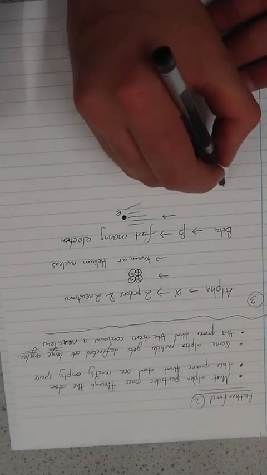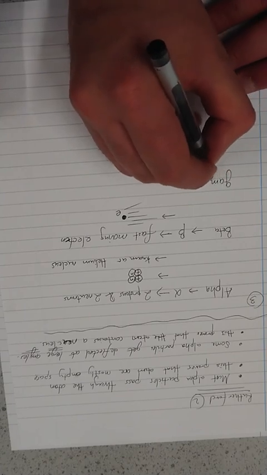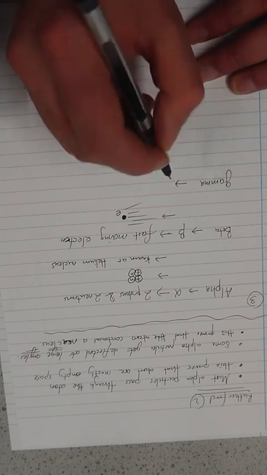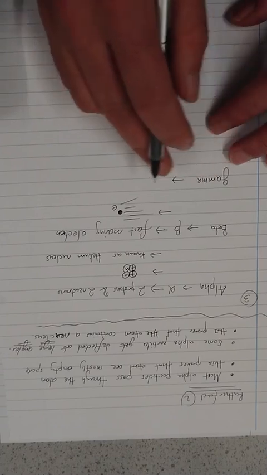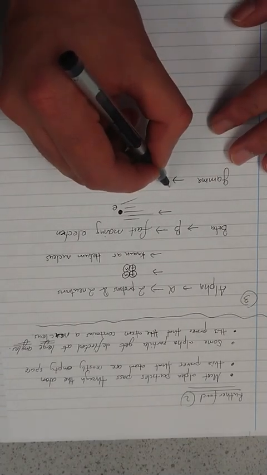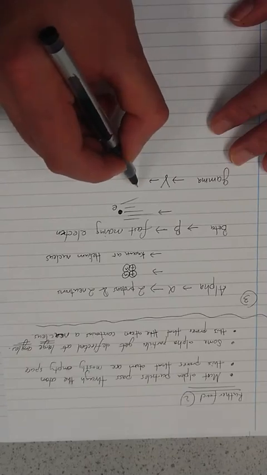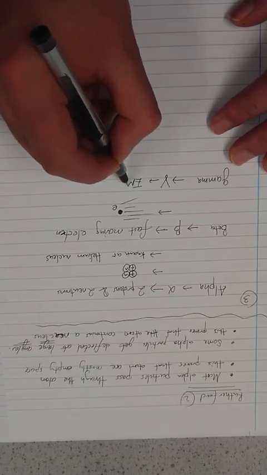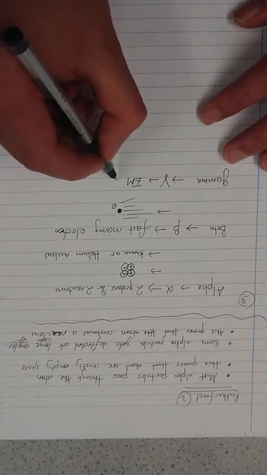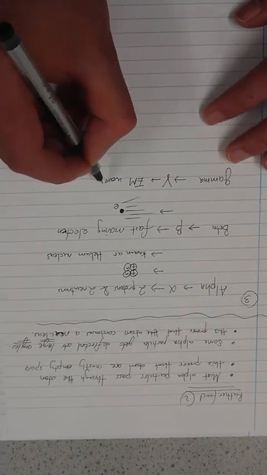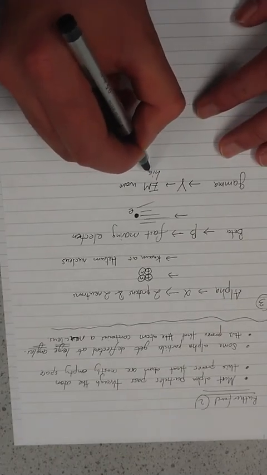The last one is gamma radiation. Sorry, gamma particles. They write it as a gamma symbol, like this one here. What is it? It is an EM wave, an electromagnetic wave. It has high energy.